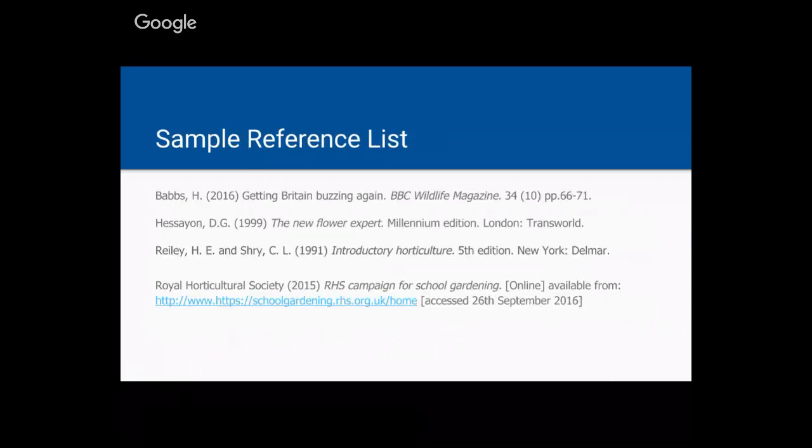This is an example of a reference list. It's in alphabetical order by author, and you can start to see the different formats together. And getting used to what the different formats mean is really useful for when you're looking at your reading list, or if you're looking at the back of a journal article for their references, or a book to try and find other information to support your study, so that then you're looking in the right place to find it.